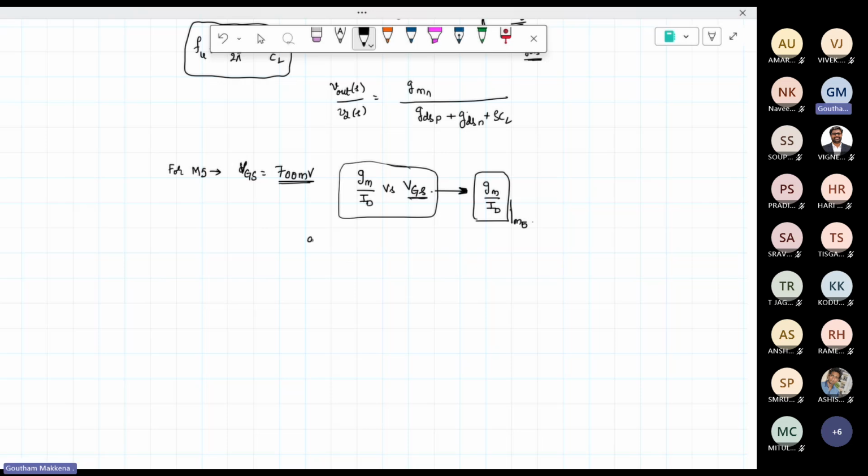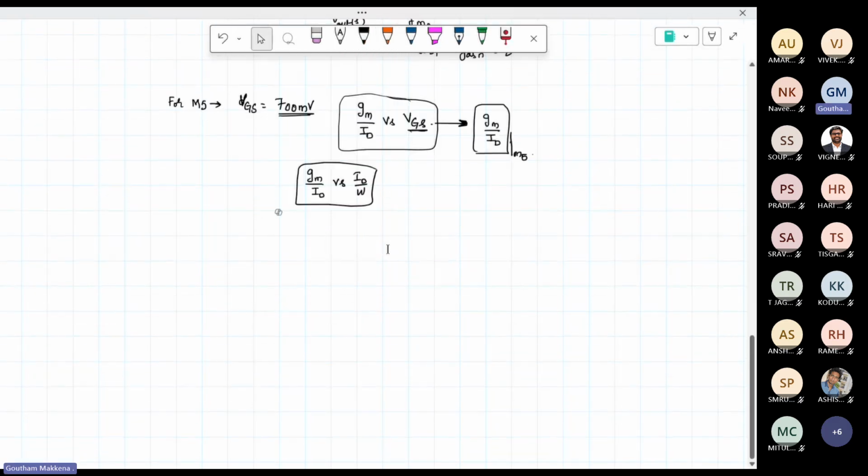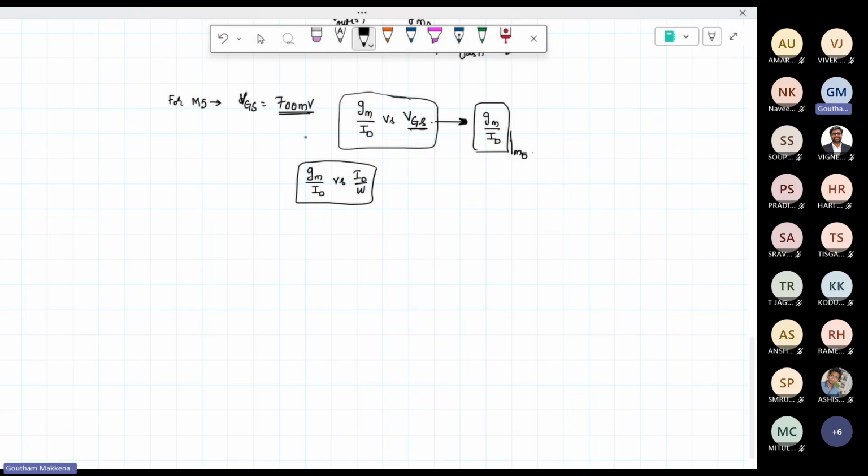Okay. So once I have gm over ID, what is the curve that I will look for now? gm over ID versus ID by W. Yes or no? Okay. So what is the ID that is required here? This is 256 microamps. So from this, you can directly calculate the W value.